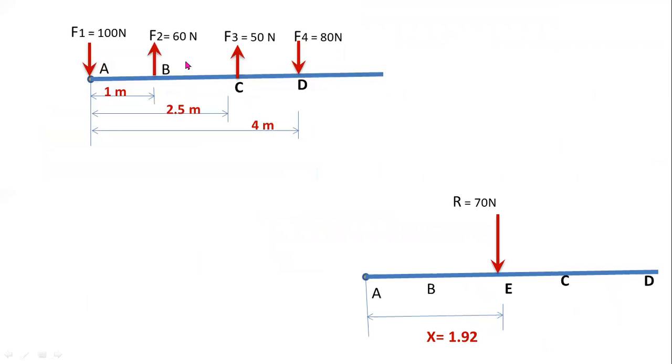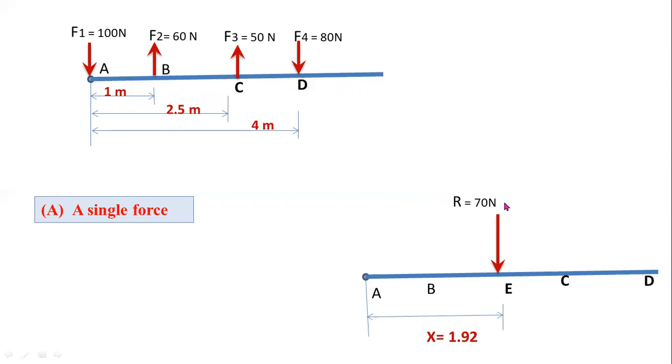Here this is the given diagram. So here I converted this diagram into a resultant single force diagram. This is case one, that is a single force diagram. I converted these four forces into a single force. This single force is equal to the magnitude of the resultant.